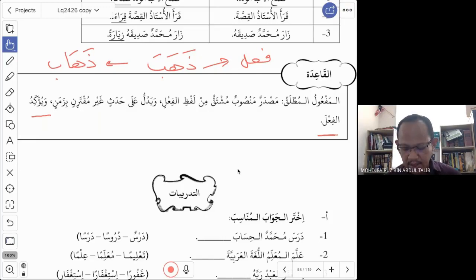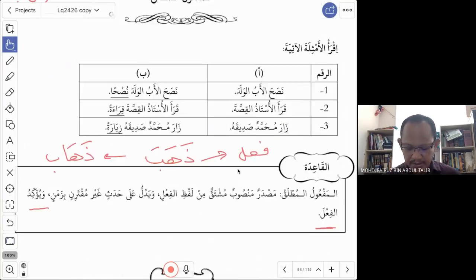So that is the function of al-maf'ul al-mutlaq in the sentence. Alright? So the purpose is to tawkid, or yu'akkidu al-fi'l. Alright? And it must be using a masdar.